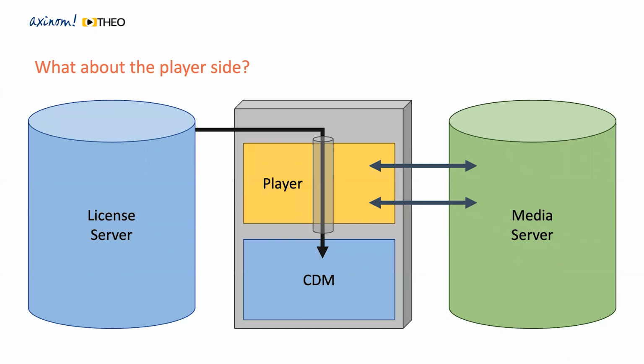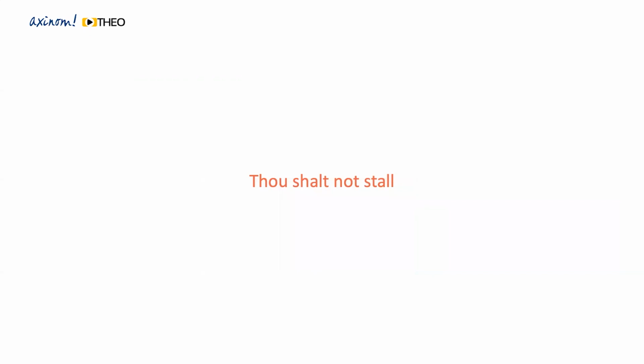And if we look at it, there is one thing which is a major responsibility of a player, and that's that a player must ensure smooth playback. It cannot stall. The user experience has to be kept up, meaning that as a player you have to make sure that your buffer is full, that you can continuously play, and that you can adapt to network changes with ABR, switching between HLS variant streams and DASH representations.